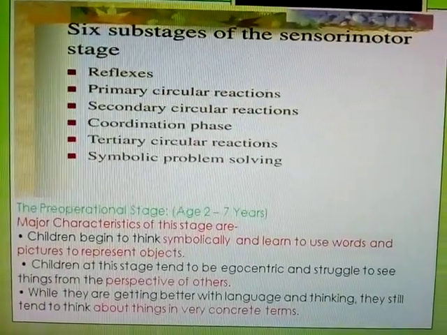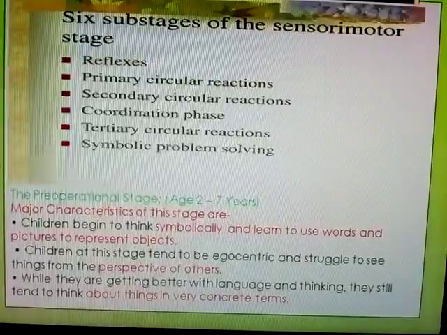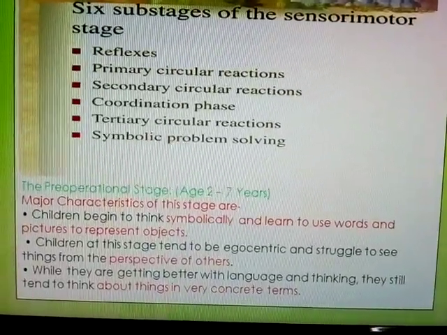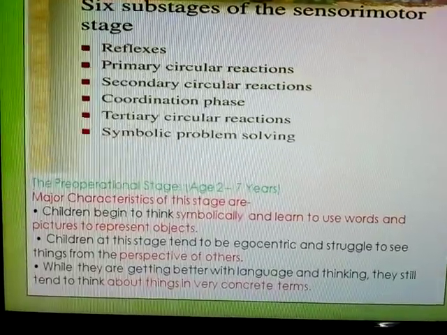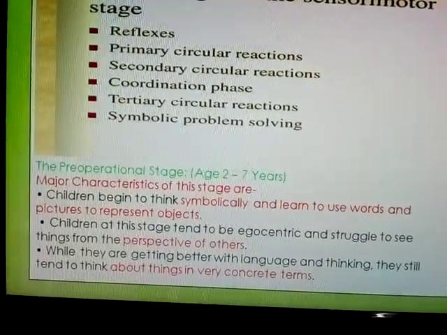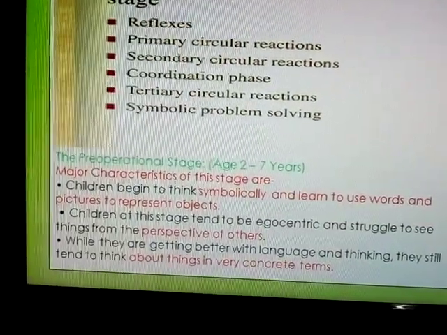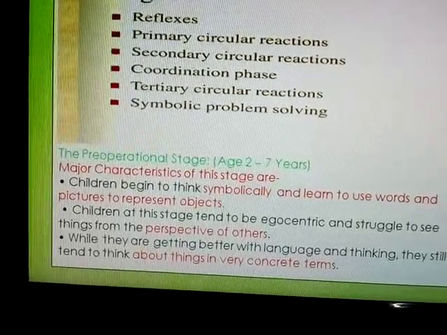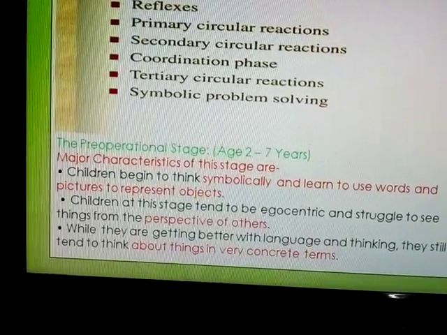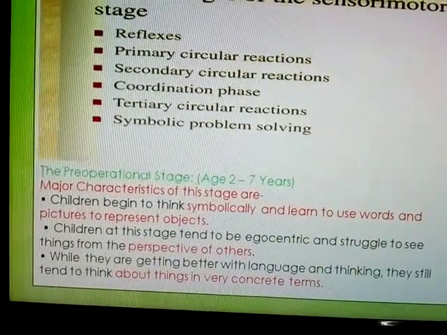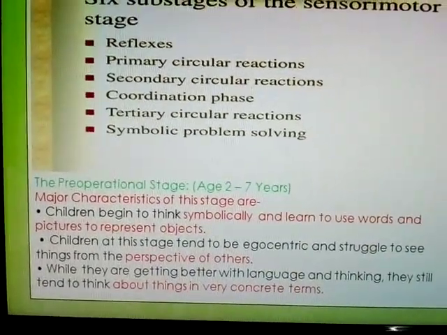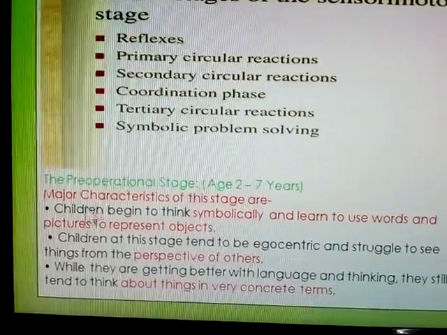The 6 substages of the sensorimotor stage: reflexes, primary circular reactions, secondary circular reactions, coordination of schemes, tertiary circular reactions and symbolic problem solving. The next stage is the preoperational stage. This age is 2 to 7 years.